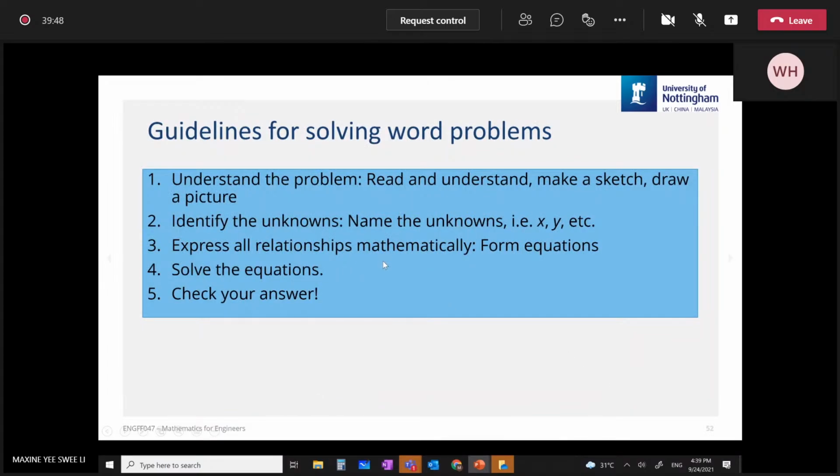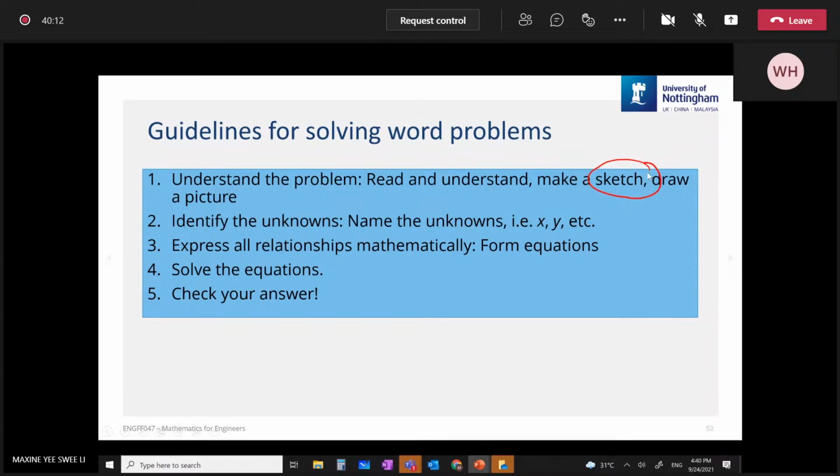So here are some guidelines to solve word problems. First of all, when you read the problem, perhaps you need to read it more than one time, so that you understand what the statement is saying. Sometimes you need to draw or make a sketch.